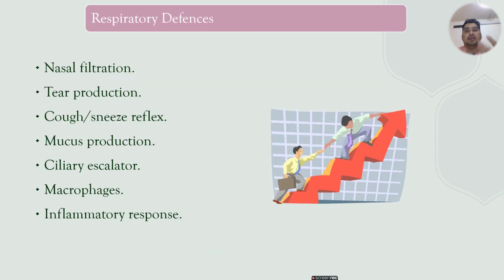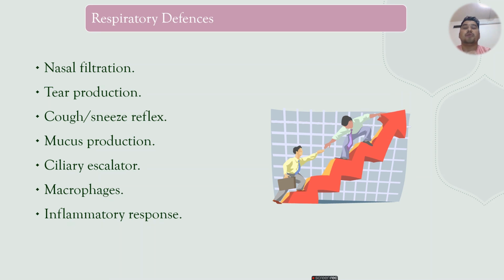Now the respiratory defense. What defenses are there that can protect our body from these hazardous substances? The first one is nasal filtration. In our nose there are some tiny hairs. If any dust or chemical particles are 10 microns or more, the hairs will filter them and they will come out through sneezing or coughing.